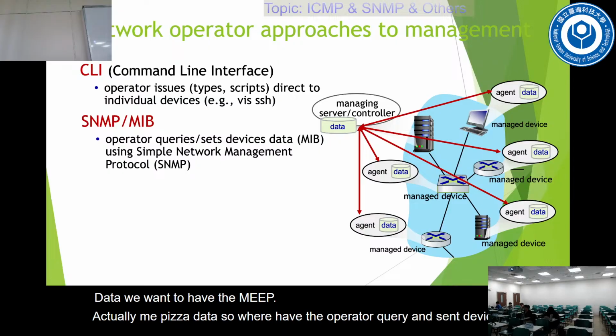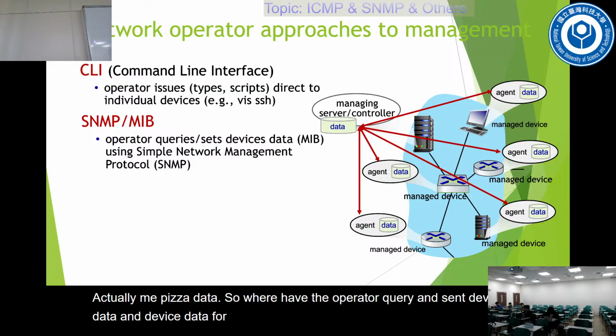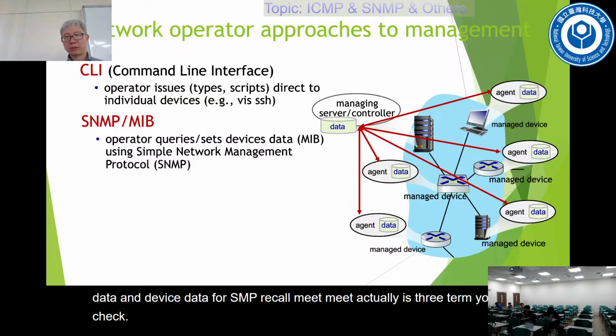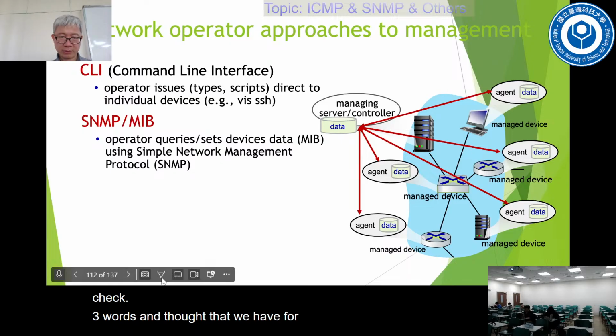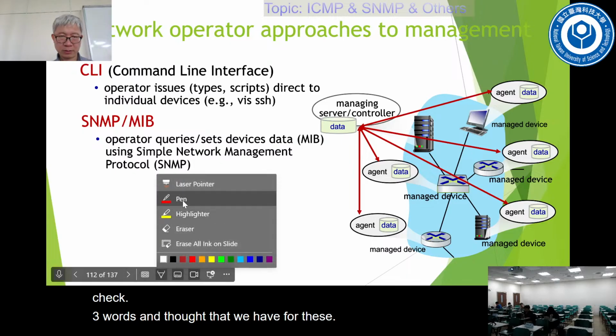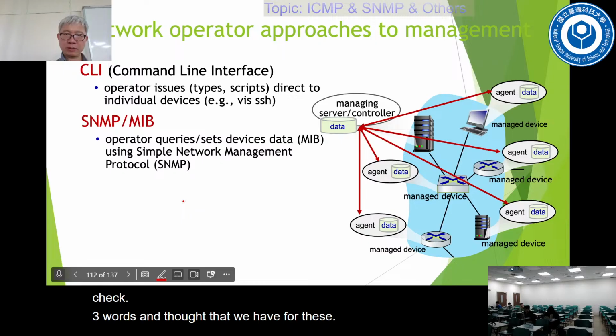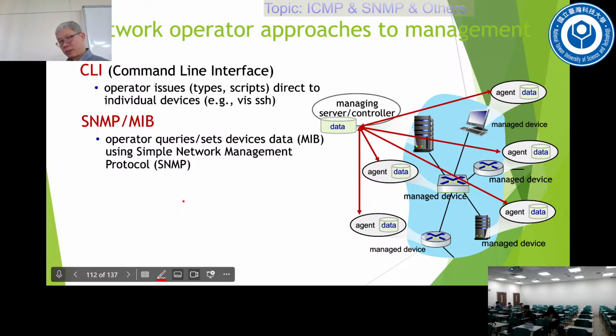And device data for SNMP we call MIB. MIB actually is three terms you can check. Three words, and so that we have these. All right, this one, MIB.